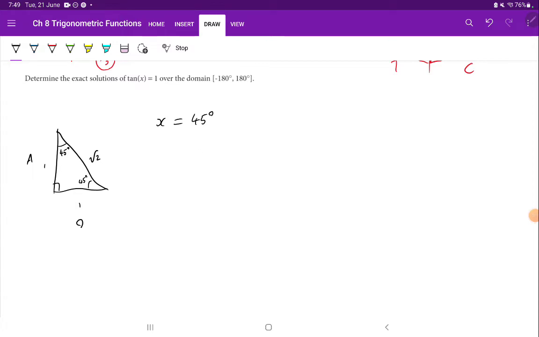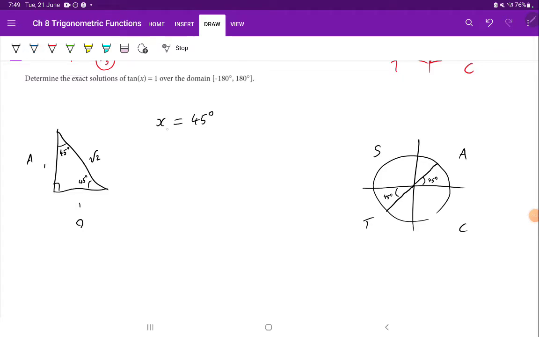Using the unit circle, we can actually work it out properly. All stations to central, and you can see if I draw my 45-degree angle here, why in this region? Well, because tan needs to be positive, and in the all and in the tan quadrants, that is where tan is going to be positive.